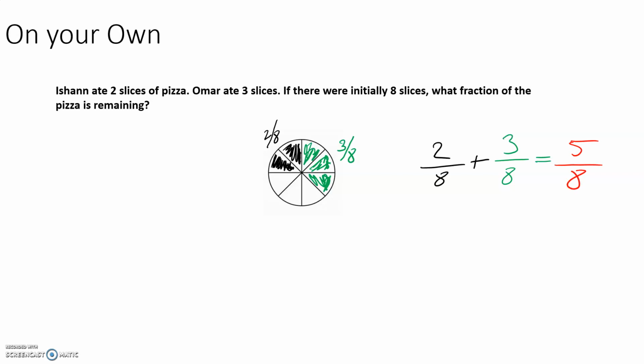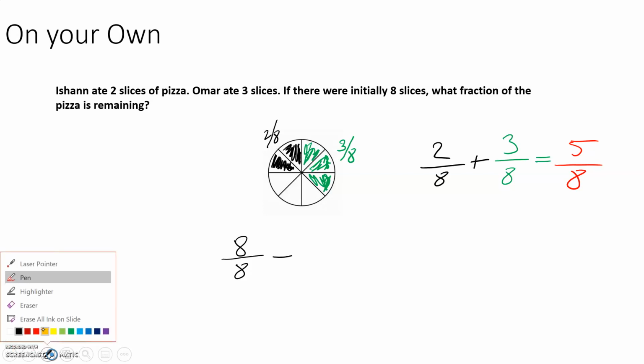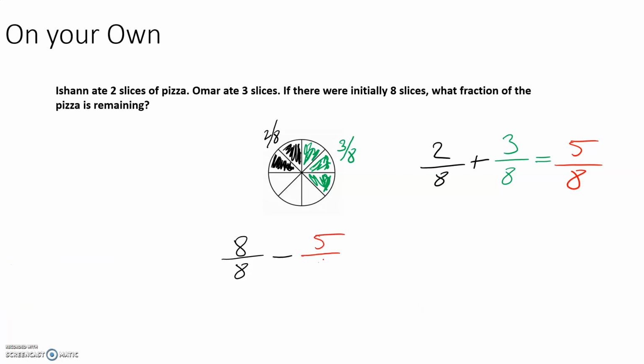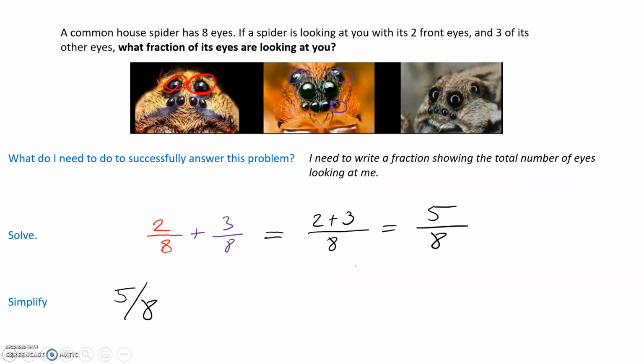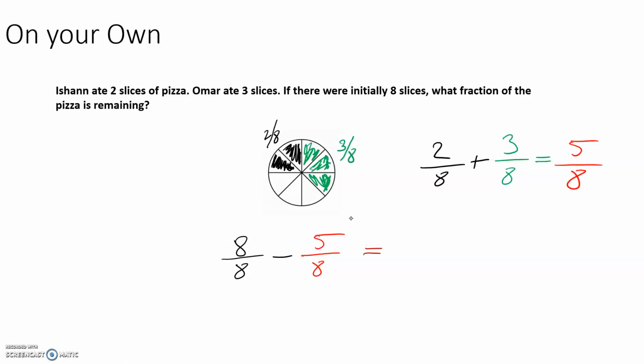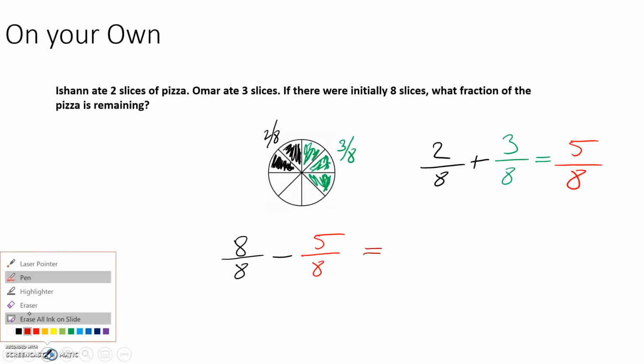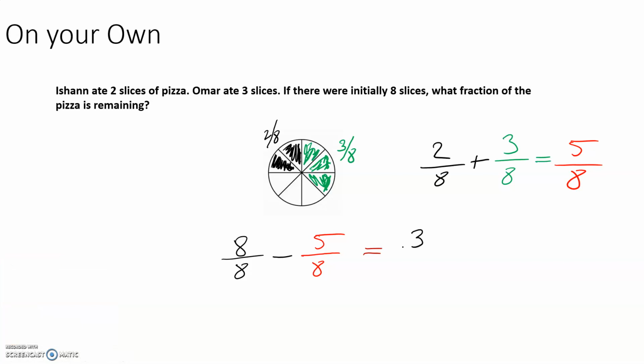The question wants to know what fraction of the pizza is remaining. So that's going to be my total number of slices, which was 8, take away what we ate. So I had 8 slices, which would be represented by 1 whole, 8/8, minus 5/8 equals 3/8.